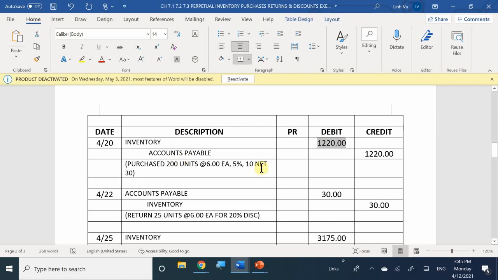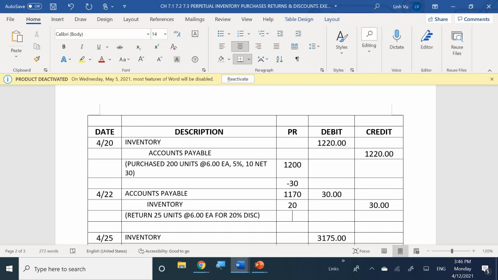So let's take a look. My original purchase price, I'm going to put it in my PR for real quick. If I returned $30 worth, I should be at 1170. How much was my freight? It was $20.